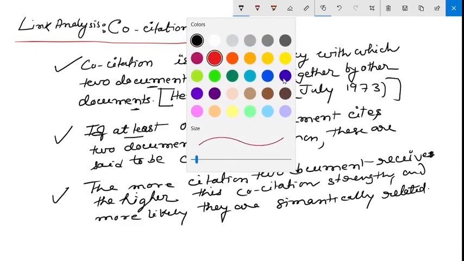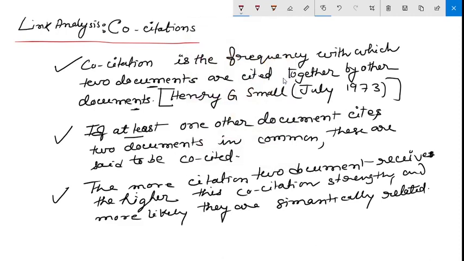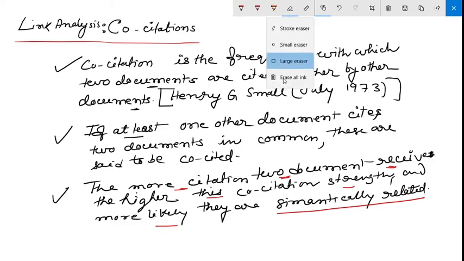Semantically related. This is another interesting point. What it says, the more citations two documents receive, the higher this co-citation strength and the more likely they are semantically related. Now I'll show you one diagram.